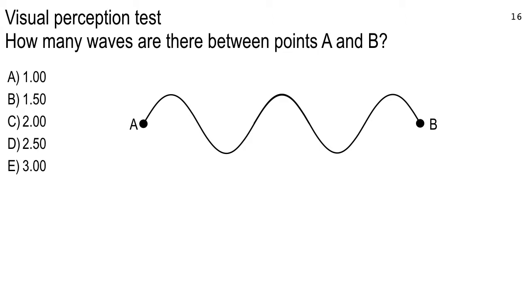One's ascending, the other one's descending. 20 seconds starting now. Ten, 9, 8, 7, 6, 5, 4, 3, 2, 1.